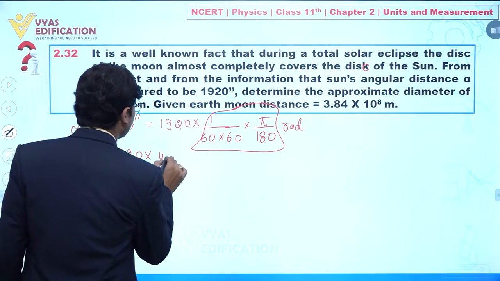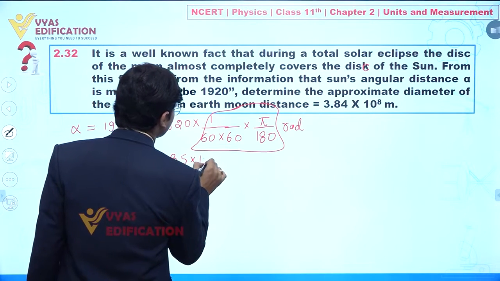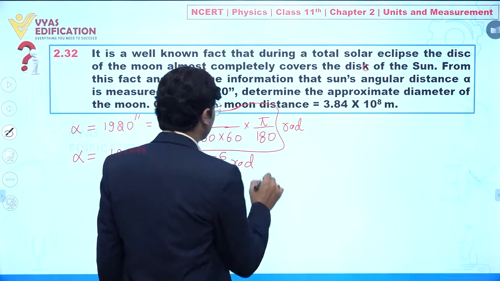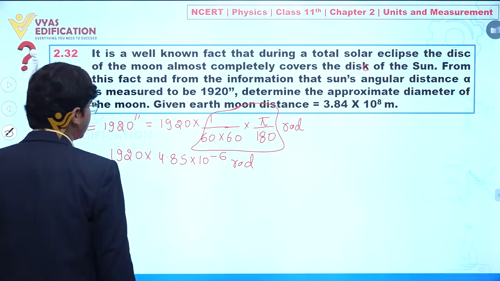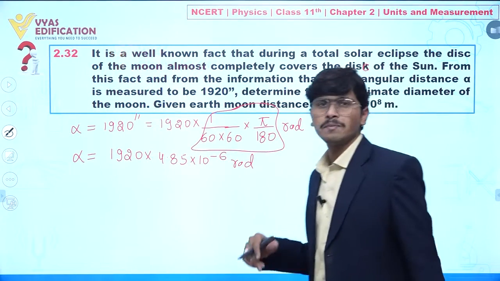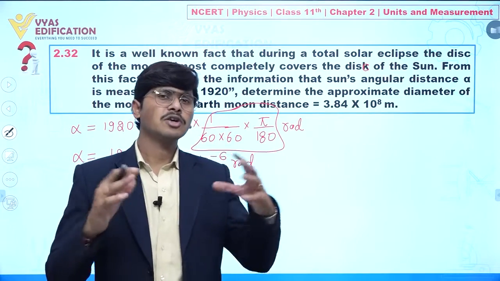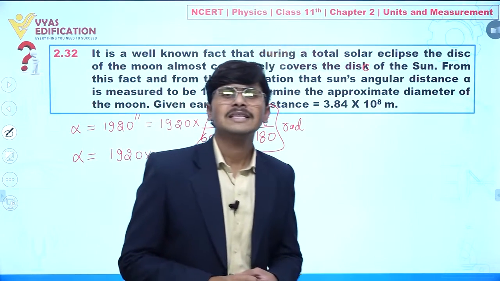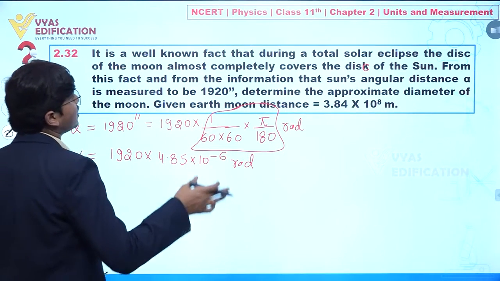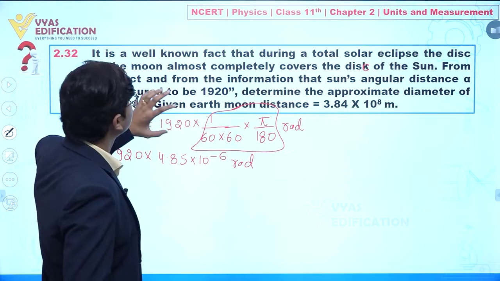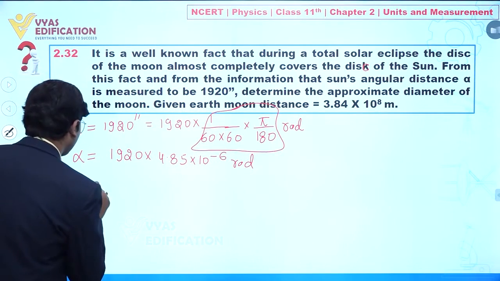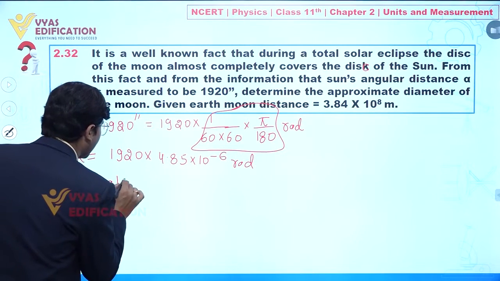So this is the approximate diameter of moon. So whenever we are talking about the condition of solar eclipse, at that time the diameter of sun and the diameter of moon is the same, yes or no? When the moon almost completely covers the disk, clear? So at that time you have to find the diameter, so we know the angle.